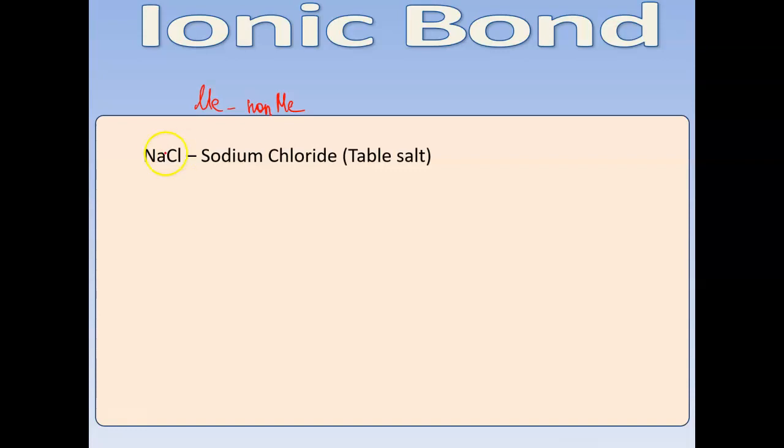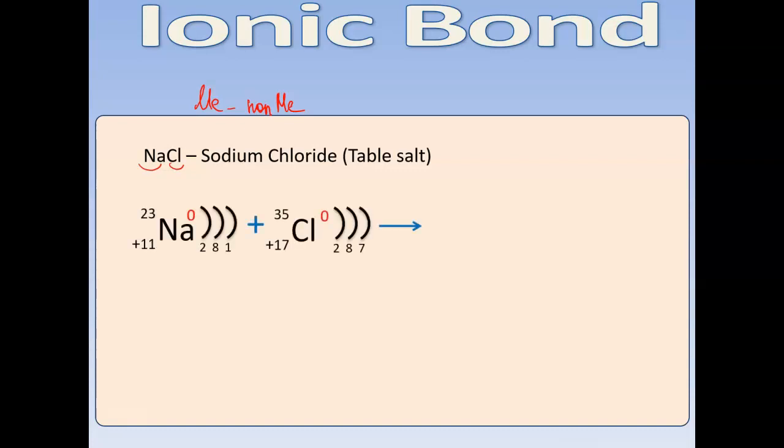A great example is sodium chloride. You know this compound as table salt. So sodium chloride, table salt, has two atoms, sodium and chlorine, attracted and bonded with each other by an ionic bond.